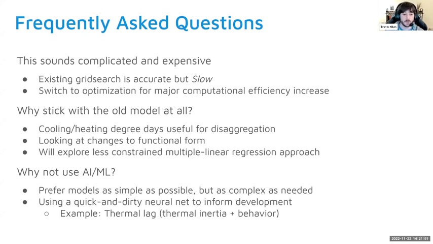What we might do, though, is look at adding some changes to the functional form. I don't think Adam showed it in the plots, but I found cases where the change from temperature independent to cooling degree day or heating degree day is definitely not just an on-off switch that you get from the piecewise linear combinations.